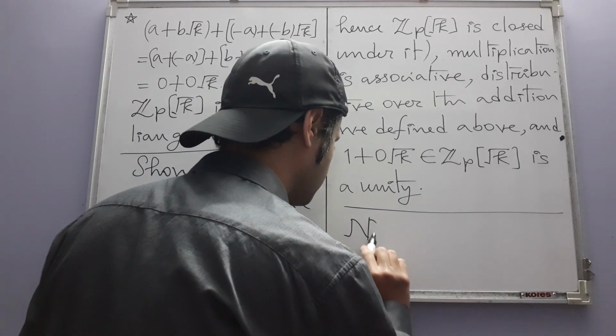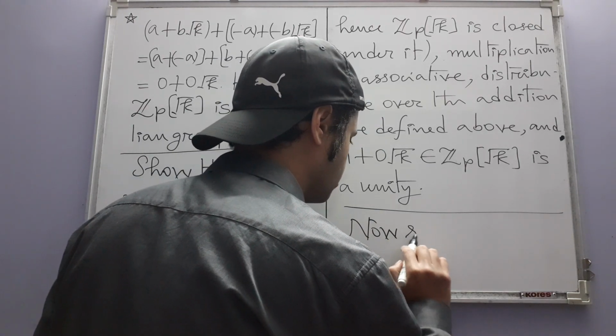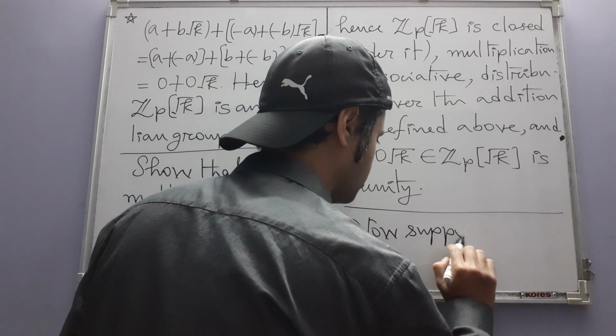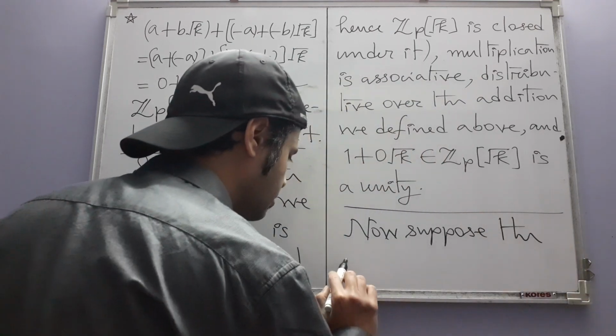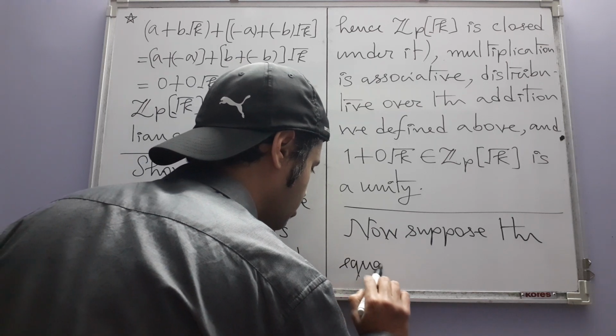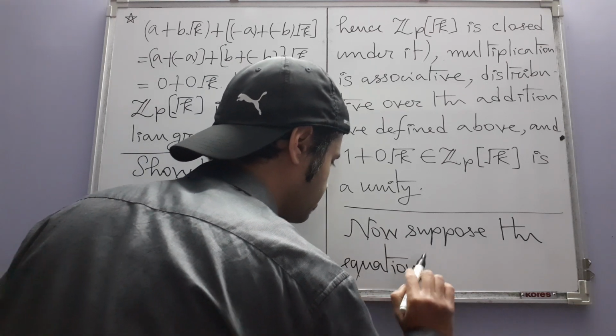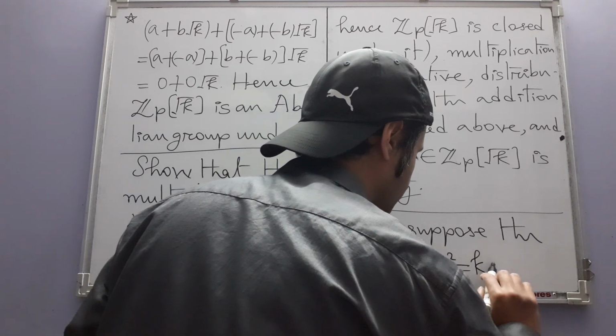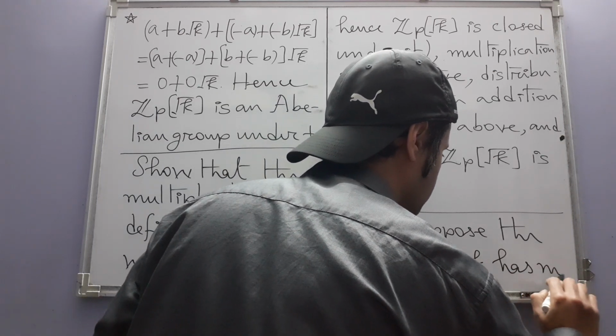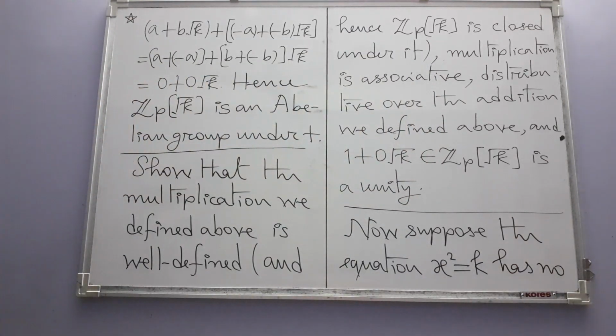Now suppose the equation x square is equal to k has no solution.